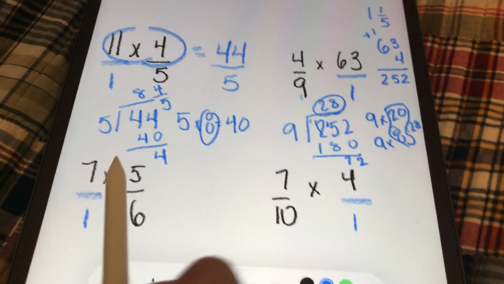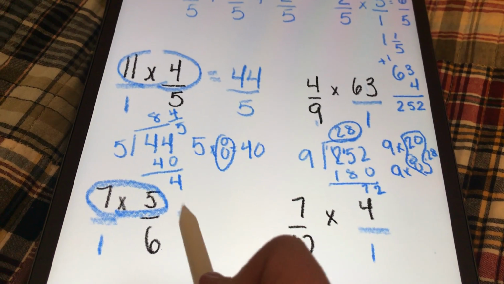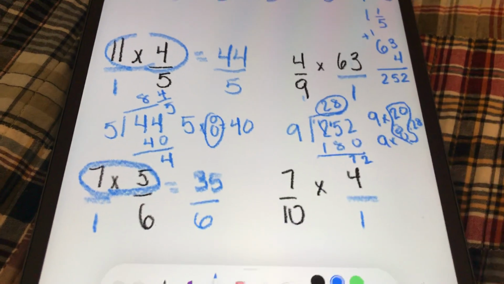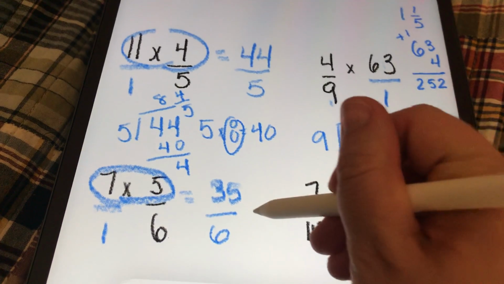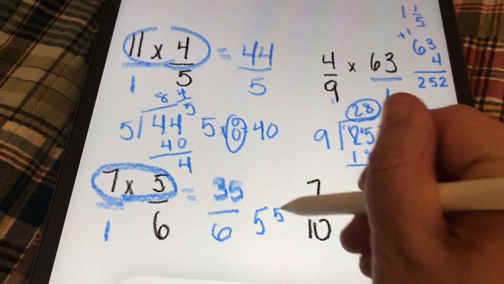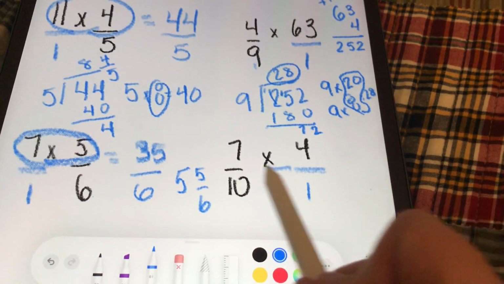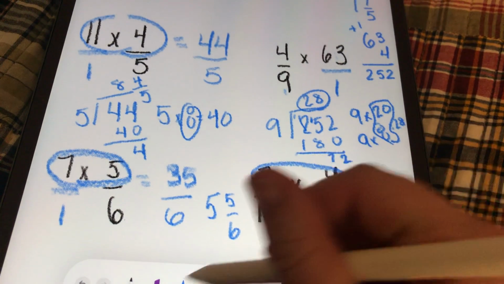Okay, so when we multiply our numerators together, we get 35. 35 divided by 6 is going to give me 5 and 5/6. Now I'm going to multiply 7 times 4 together. Whoopsie.